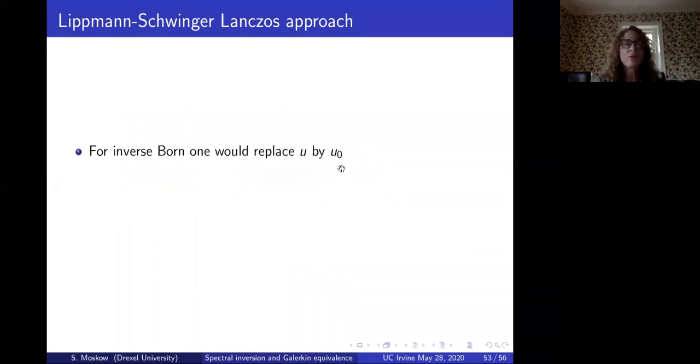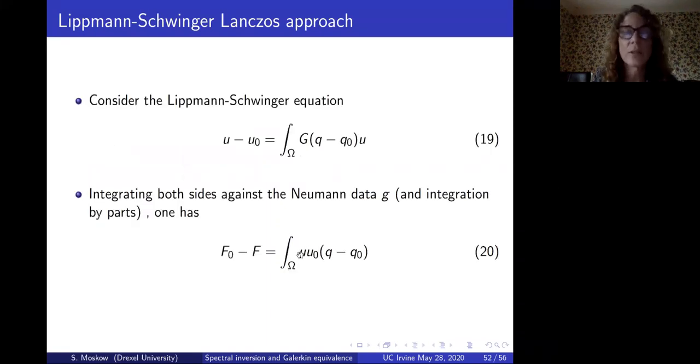Well, if one were to use the inverse Born method or variations upon that, what would you do? You would replace U by U0, right? So you would, in here, whichever place, replace U by the background solution. And that linearizes the problem.